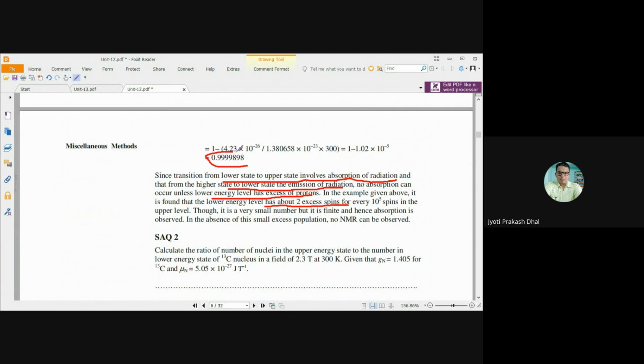So, from this value, we can say that the lower energy level has about 2 excess spins for every 10 to the power 5 spins in the upper level. That means if 10 to the power 5 spins are in the upper level, then 10 to the power 5 plus 2 spins will be in the lower level.